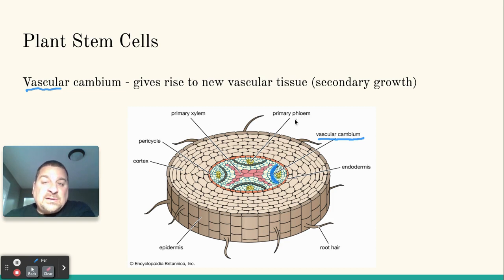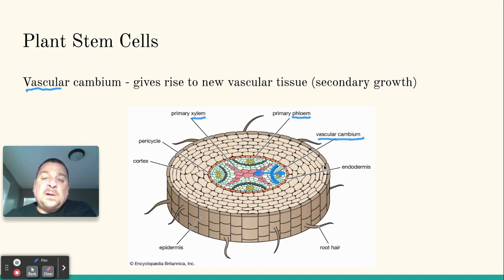You'll see the 2 vascular tissues here, phloem and xylem, which we'll talk about in a little bit. The vascular cambium produces xylem on the inside and phloem on the outside. In monocots and dicots, this is a little bit different, but in the next video, we'll look closer at that.